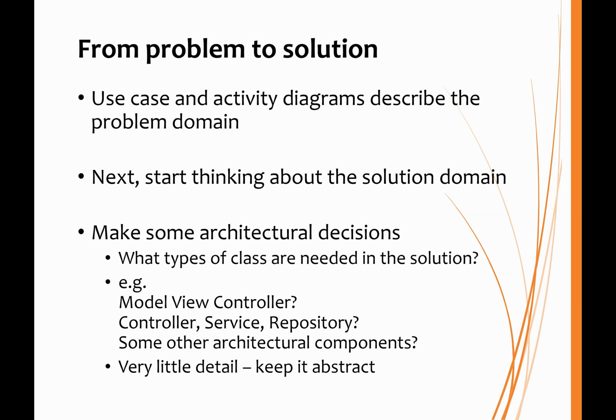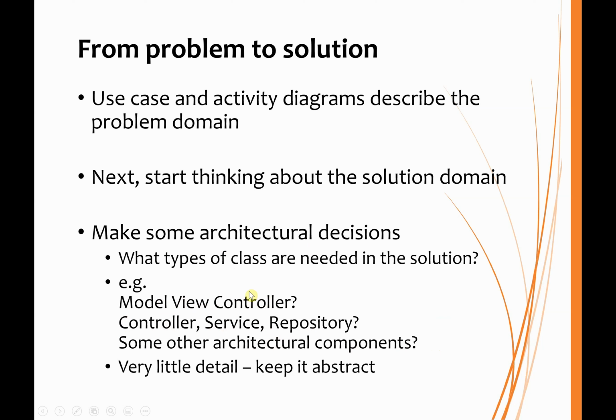When we want to move from the problem to the solution, we can start thinking about the solution domain. And we'll have some architectural decisions to make. What kinds of classes do we need in the solution? Are we going to use model view controller as an architecture? If we are, then are we going to use controllers and services and repositories or some other architectural components?